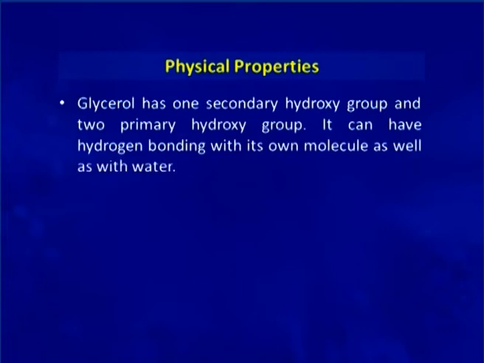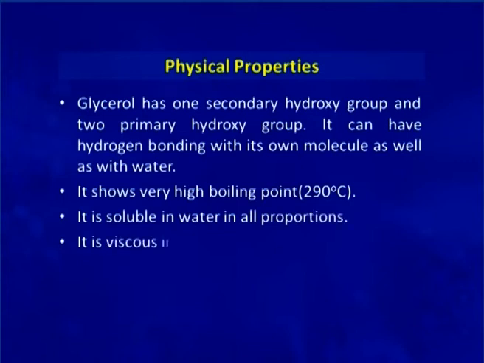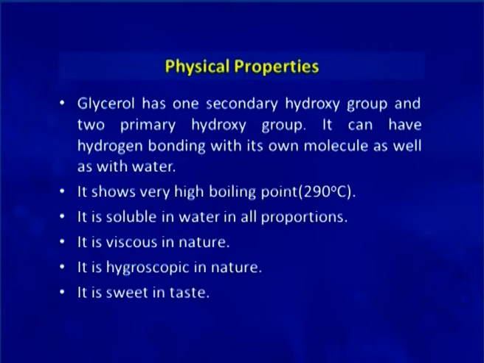As a result, it shows a number of properties, like a very high boiling point in the range of about 290 degrees centigrade. It is soluble in water in all proportions, it is viscous in nature, it is hygroscopic also, and it is sweet in taste. So, all these properties of glycerol are due to the presence of 3 hydroxy groups.